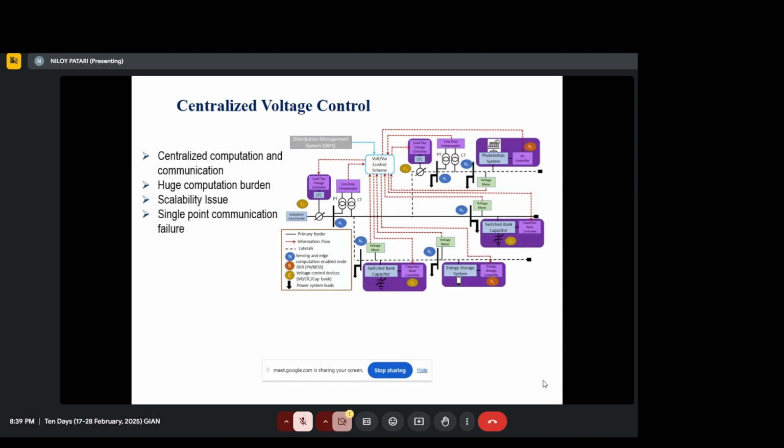Sometimes if you increase the number of nodes or the number of problem variables, they are not able to be solved within a certain time, right? Generally, the optimization problem that we solve in optimal power flow, if you write the equations down, is NP hard.